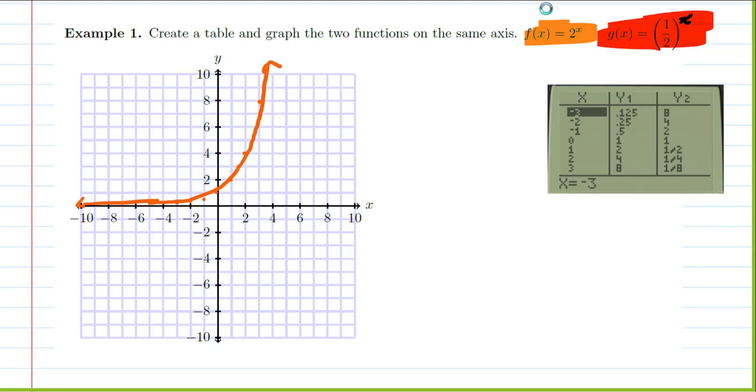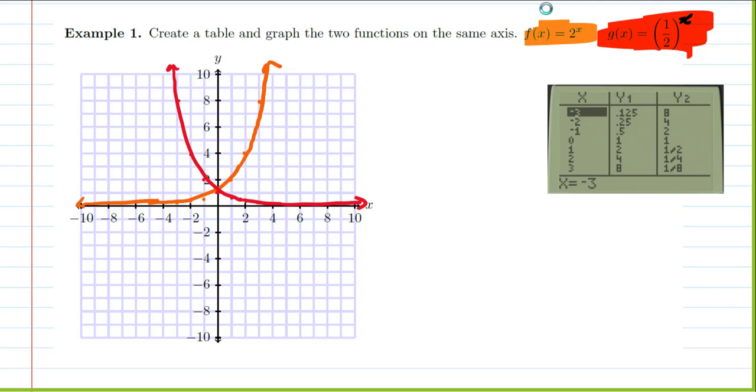And if we graph 1/2 raised to the x, that's our g, we have it -3, we're at 8, -2, 4, -1, 2, 0, 1, 1 is 1/2, 2 is 1/4, and 3 is 1/8. And it looks something like this. So we notice these two curves have a symmetry across the y-axis.